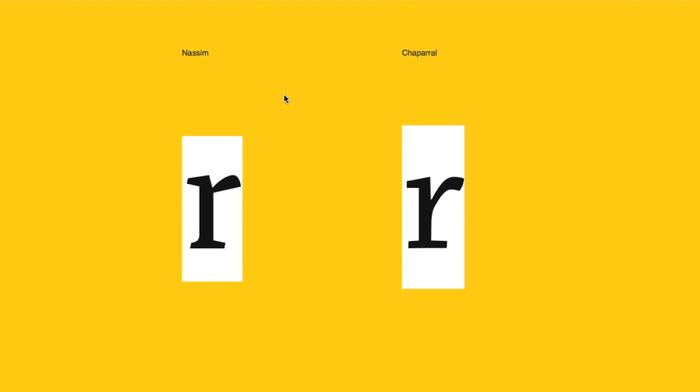The R also continues the methodologies and approaches we saw. One note is that Chaparral chooses the method where, normally when you draw an R, the arch, the joint, needs to come lower down and from a lower position start, so that this terminal can be created, the arm can be created, and to minimize this white space area.